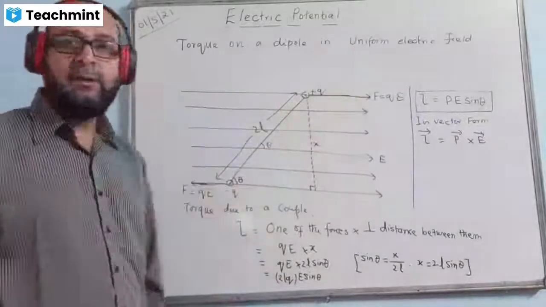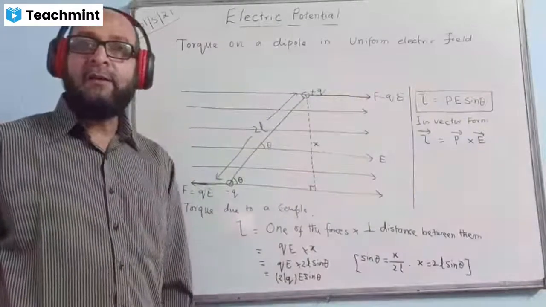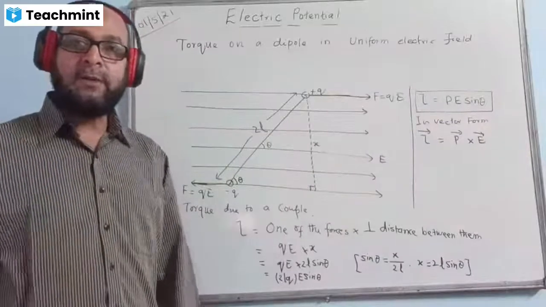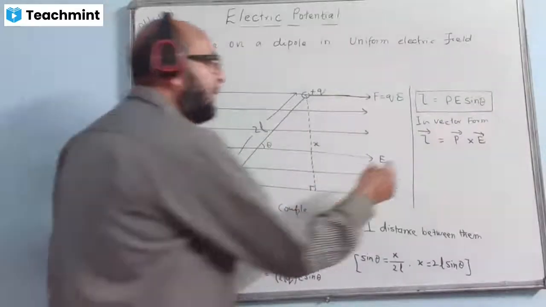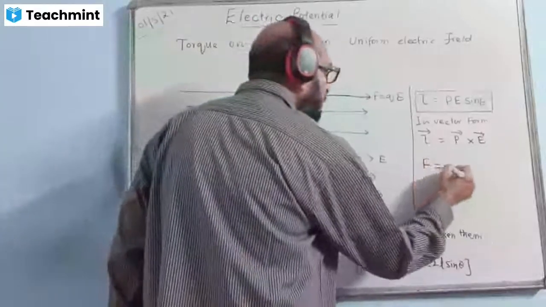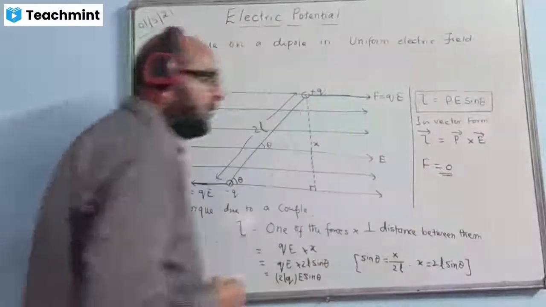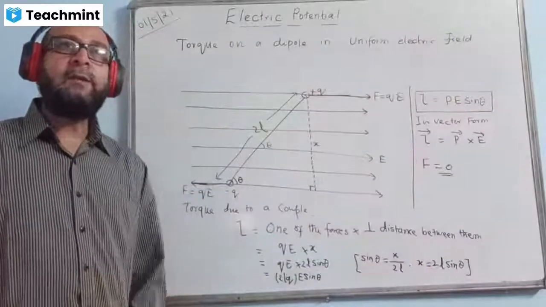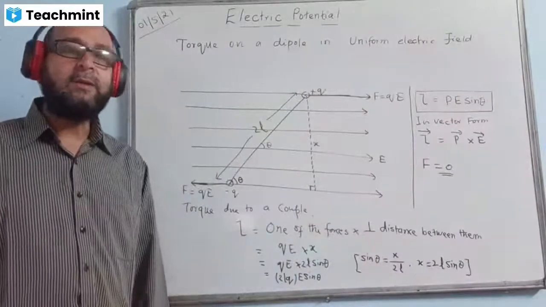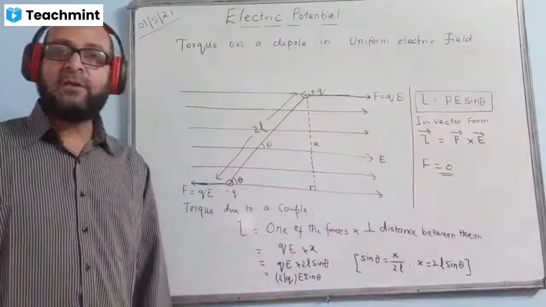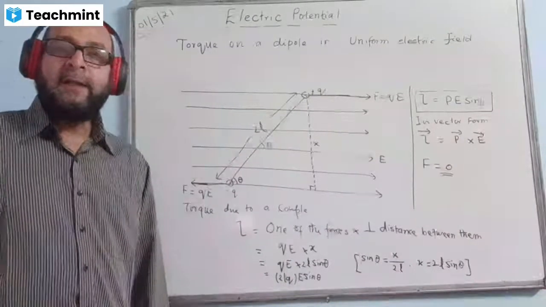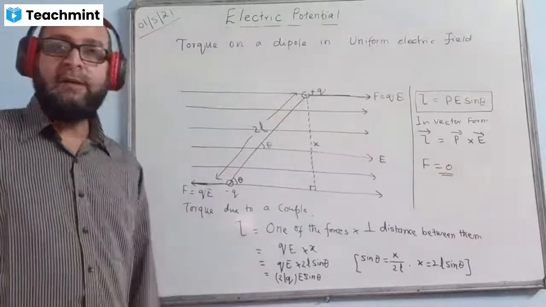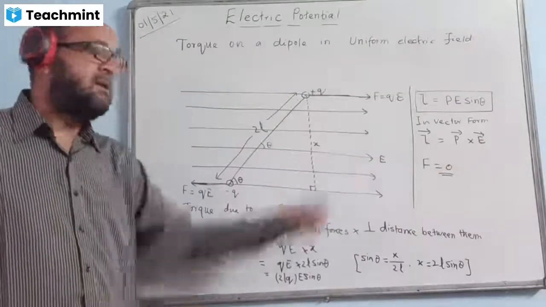They are in opposite directions and of equal value, so they cancel each other and the total force becomes 0. So here we write F equal to 0. The total force acting on the dipole becomes 0. If the question comes, this question will carry 1 mark only. If the question comes, how much is the force acting on a dipole when placed in a uniform electric field, the answer is 0.